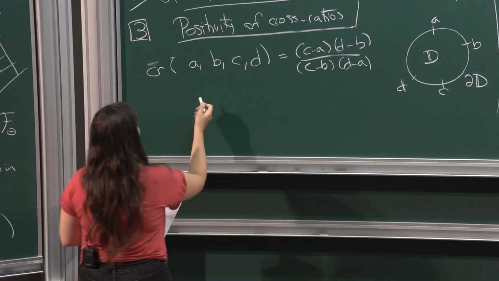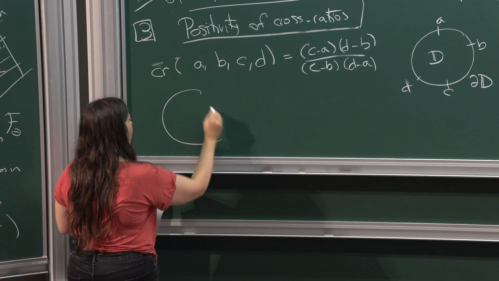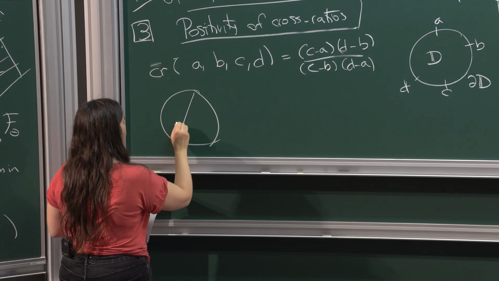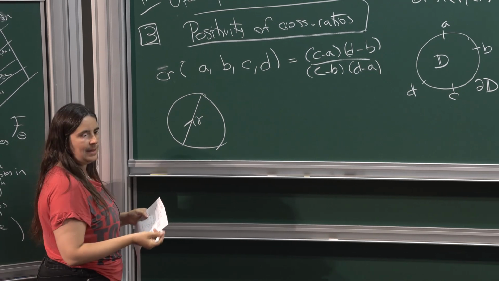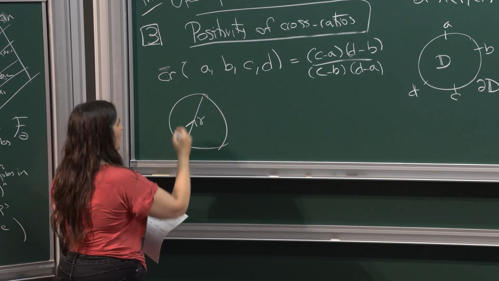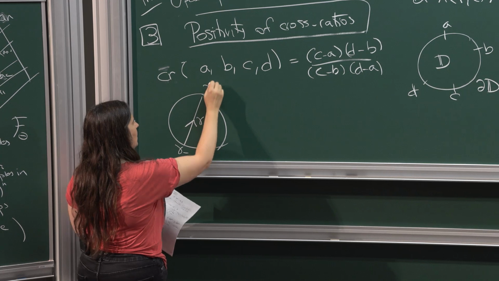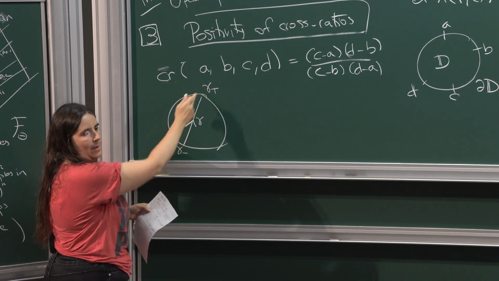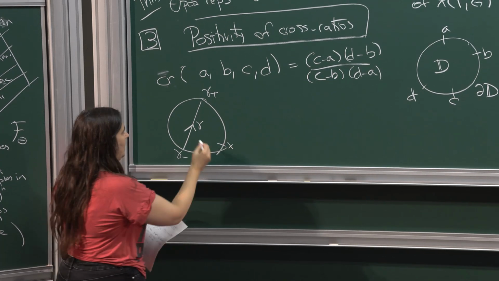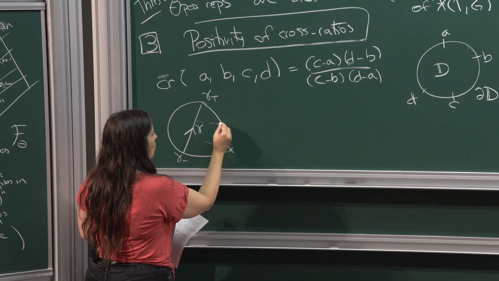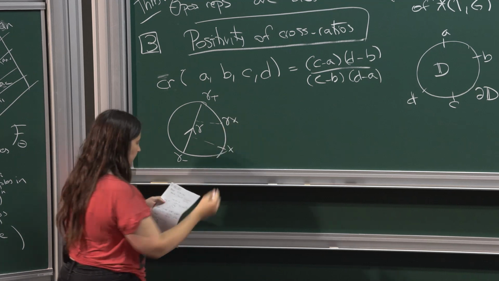To check that my notations are correct: now it's a picture in H2, I have a hyperbolic element, gamma, an isometry of H2 that fixes the points gamma minus and gamma plus, so it attracts everything to gamma plus apart from gamma minus. I choose any point x, and I choose its orbit gamma x.